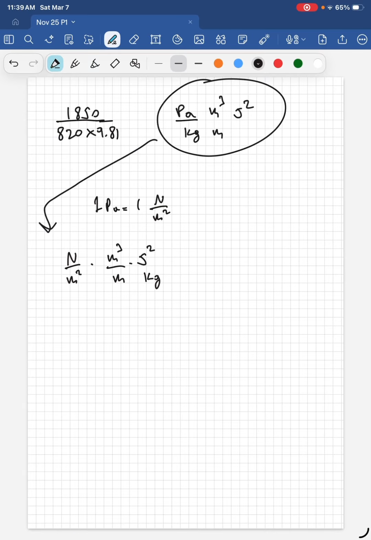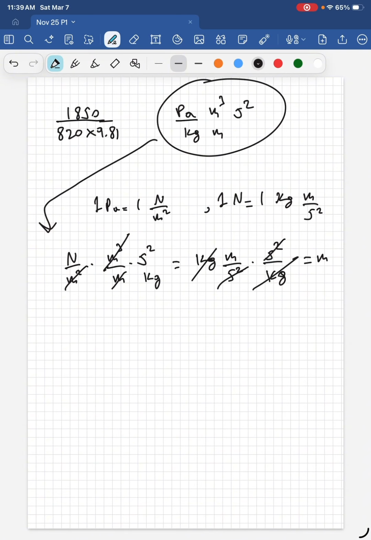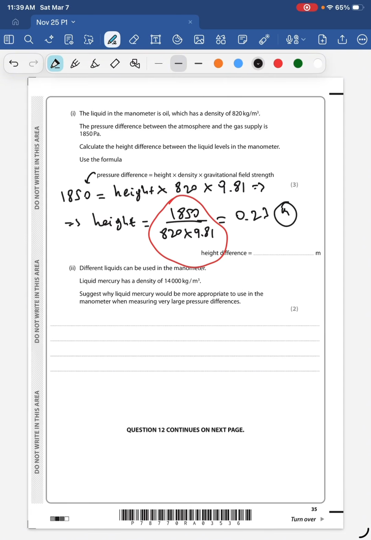Okay, so we see that meters cubed cancels with this one. And then 1 newton is 1 kilogram times meters over second squared. So we have kilograms meters over second squared times second squared over kilograms. Seconds cancel, kilograms cancel, and this is meters, which is what we found.